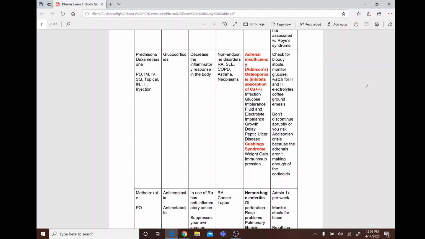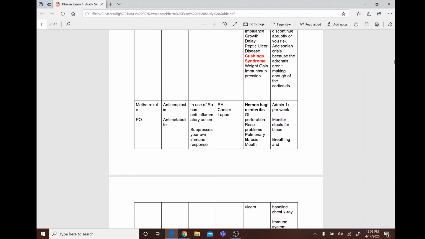What do we need to know about when taking the glucocorticoids? Don't discontinue abruptly because you could get Addison's. And then you want to check for bloody stools, monitor glucose, watch for H&H, electrolytes, and coffee ground emesis.